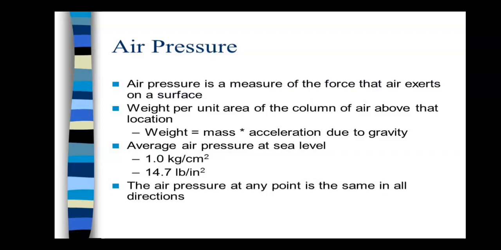Average air pressure at sea level is 1 kg per centimeter square, or 14.7 lb per inch square. The air pressure at any point is the same in all directions.